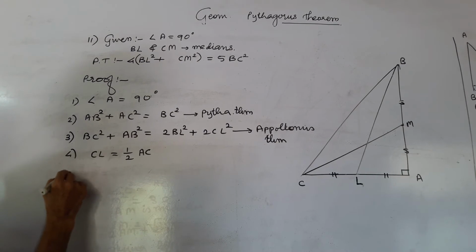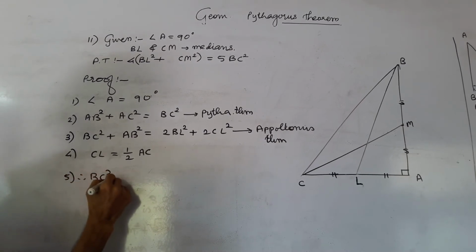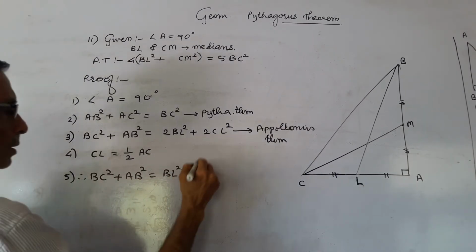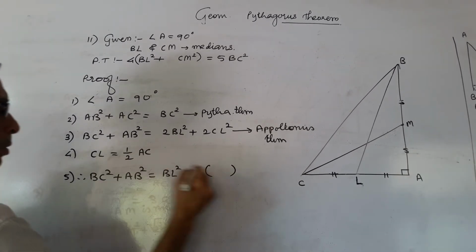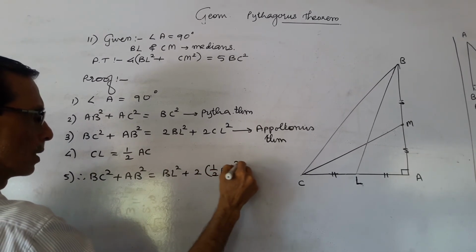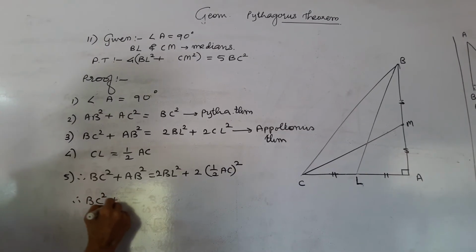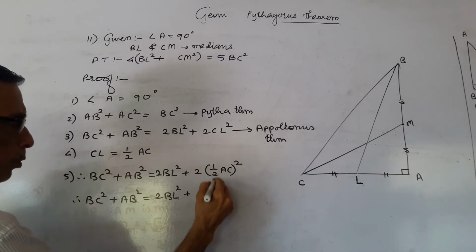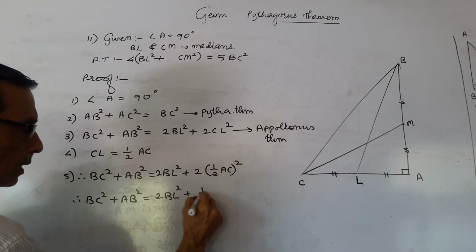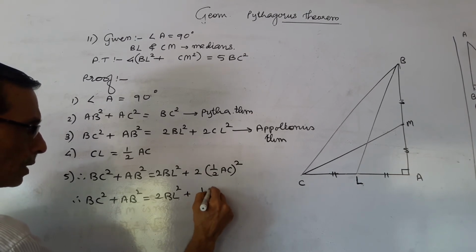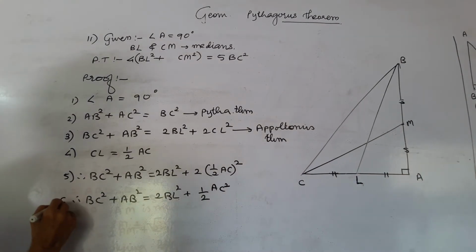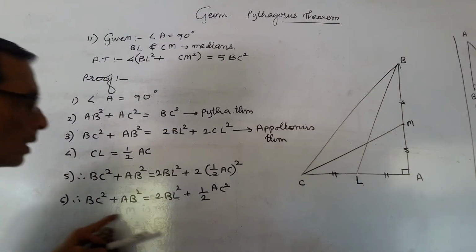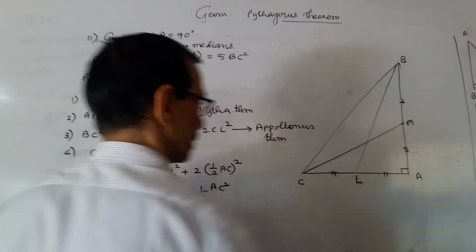So we get BC square plus AB square is equal to 2BL square plus 2 into CL, but CL equals half AC, square. So BC square plus AB square is equal to 2BL square plus here 1 upon 4, so 2 and 4 will reduce, but 1 upon 2 will remain. I hope it is clear to you, because here 2 times will come, AC square. So once again, BC square plus AB square equal to 2BL square plus half AC square.